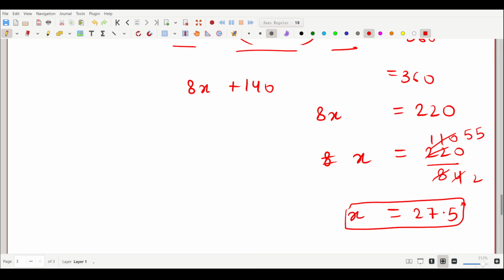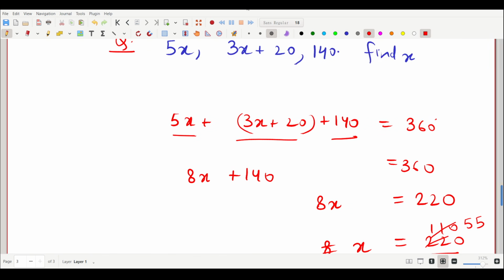Is that your answer? Will you be awarded full marks for that? No. That's just the answer. You have to give the reasoning also. So when you write 5x plus 3x plus 20 plus 140 equals 360, you have to write what law, what property you are using.